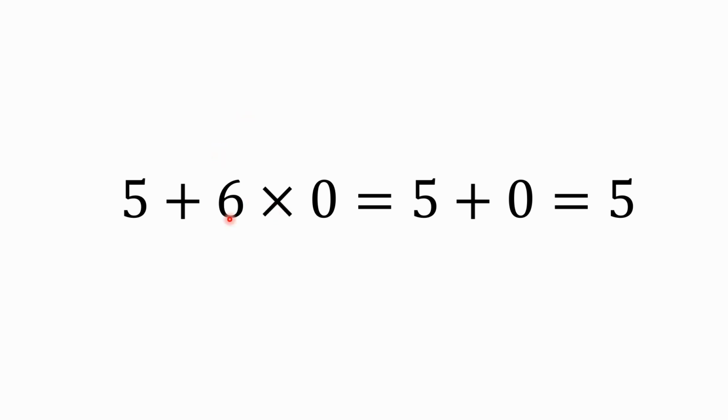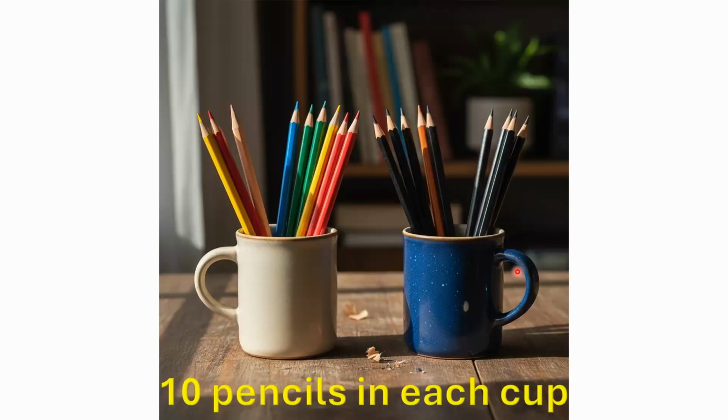The only thing multiplied by 0 in this problem is 6. 6 times 0 is 0. You got to go back to your order of operations. It's actually 5 plus 6 times 0 is equal to 5 plus 0, which equals 5. That's a big one that I see happen a lot.